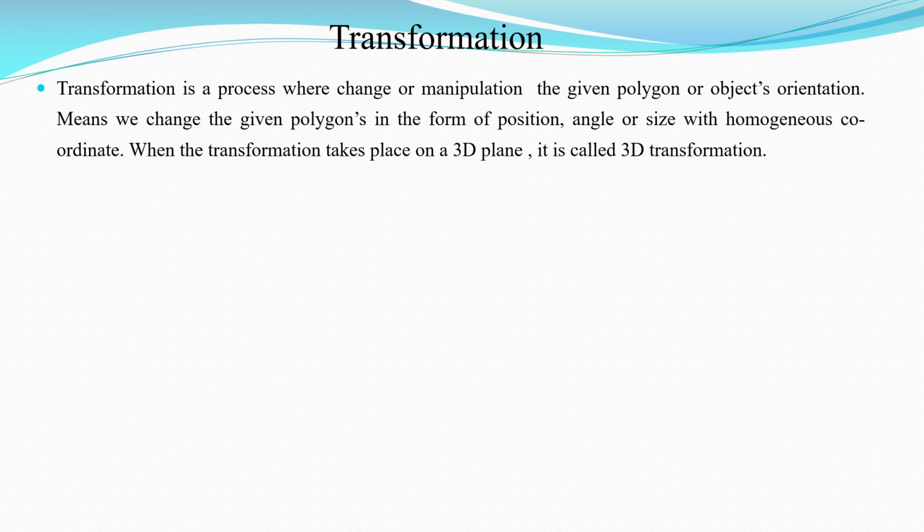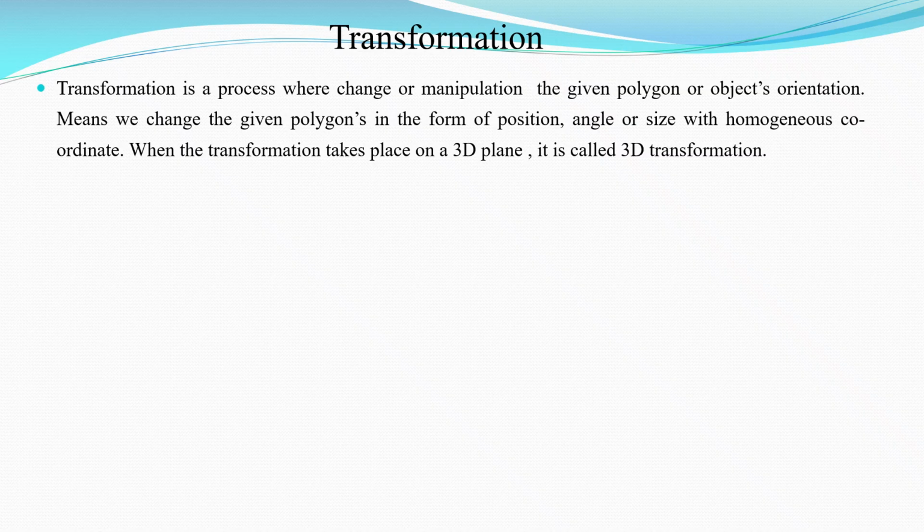That is called a 3D plane, and this transformation is called a 3D transformation. Transformation is a process that changes or manipulates the orientation of a given polygon or object. You can change it in the form of position, angle, or size.